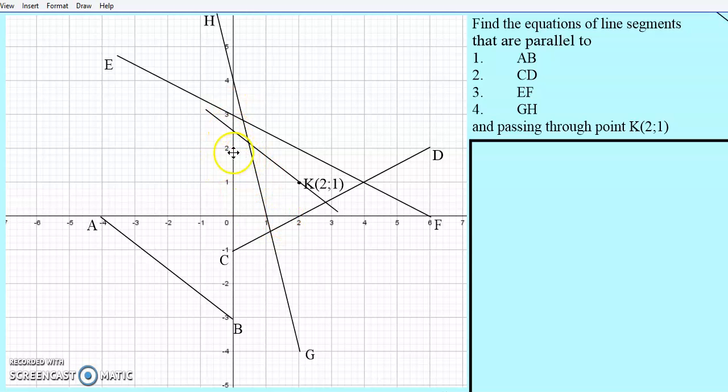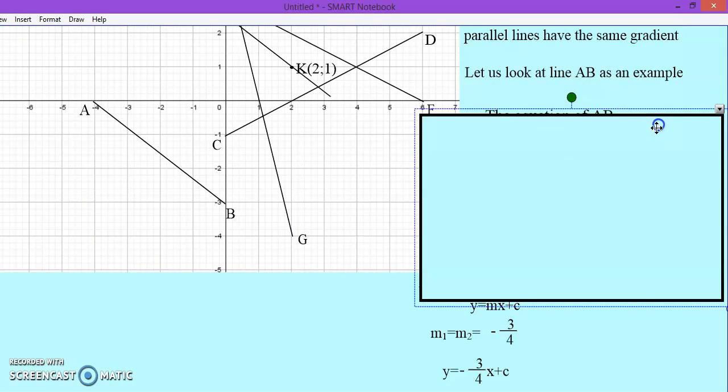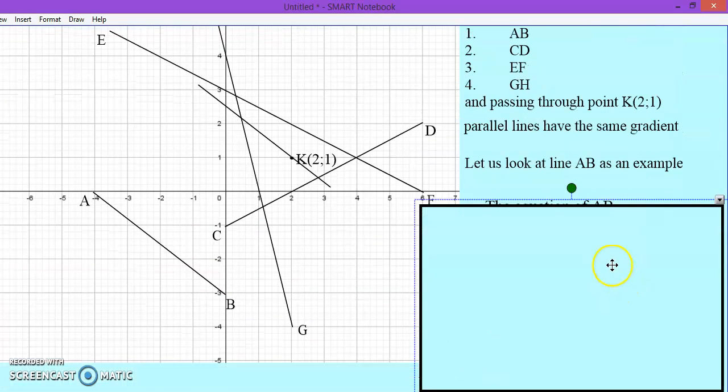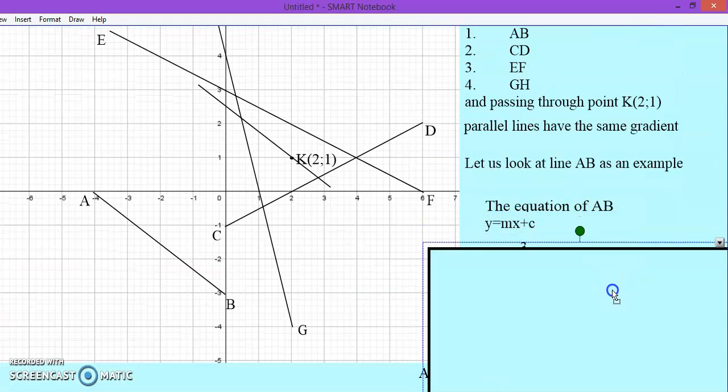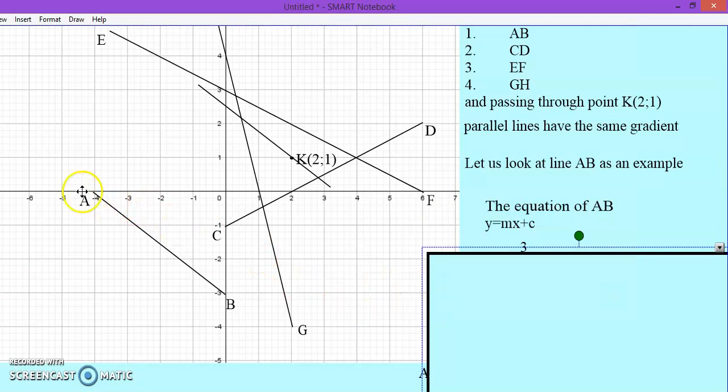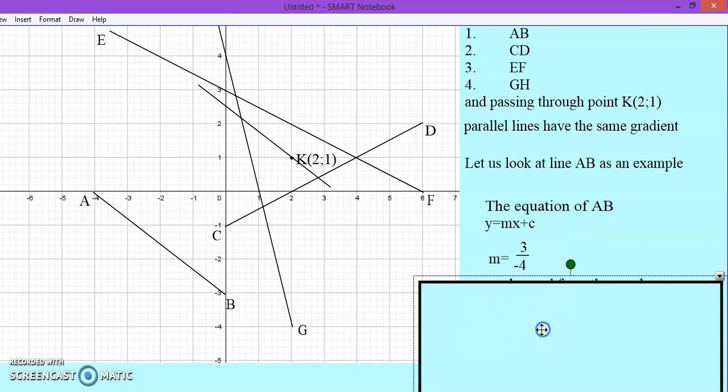So let's look at the process of calculating the equation of this line that passes through K, but is parallel to AB. We have now calculated the equation of AB already in our previous exercise. So the equation of AB was the gradient, which was 3 over negative 4, and my c value I could read from the graph is negative 3.